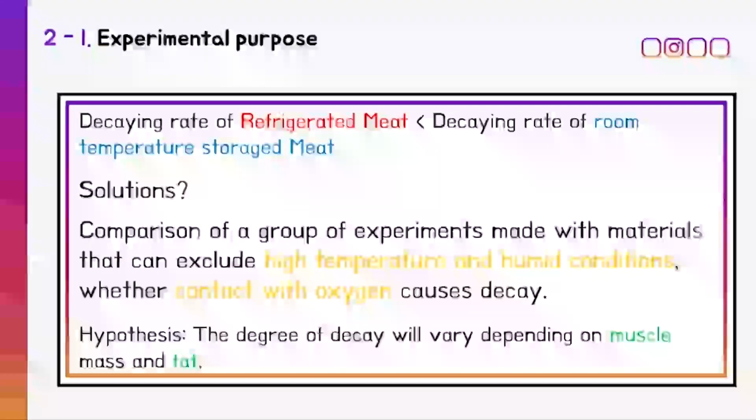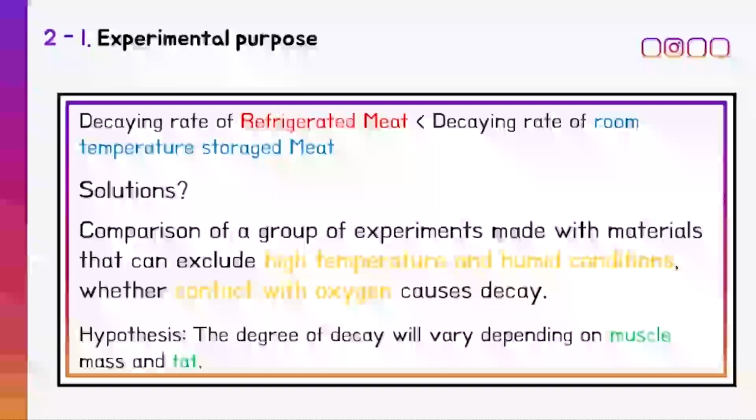Later, a group of experiments were compared with materials that could exclude high temperature and high humidity conditions, as well as whether they were in contact with oxygen, which is responsible for decay. The observation cycle was incorrectly set and results were not obtained.